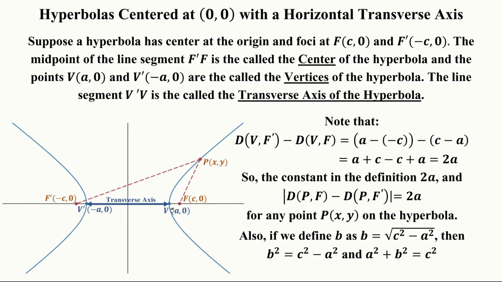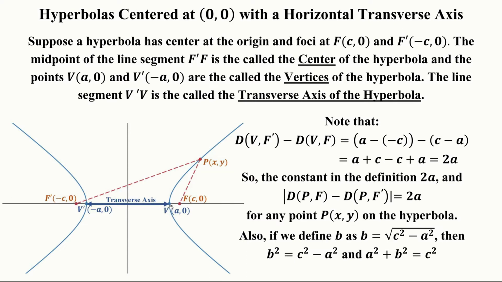We can find that very easily, and we don't need absolute values because of the positioning. The distance between V and F prime is larger than the distance between V and F, so we end up with a positive quantity anyway.